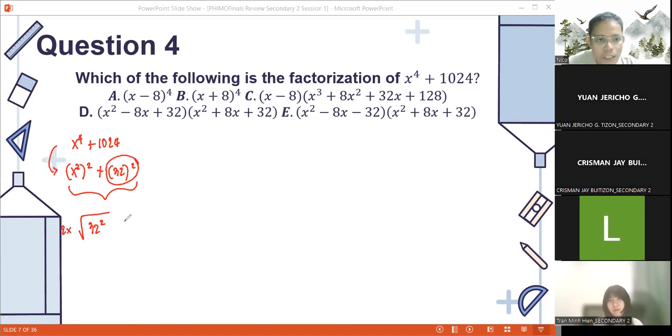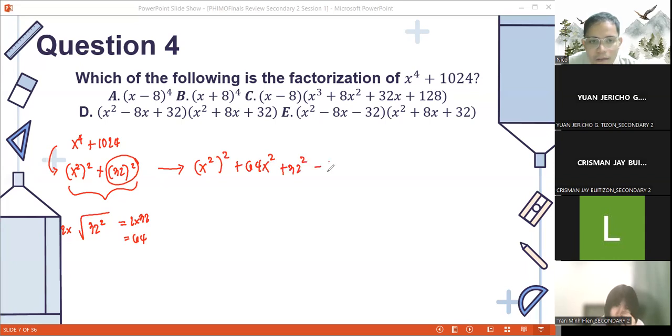So that is 32 times 2, that's 64. Then this is x squared here, so we have 64x squared. So meaning, we can have this one as x squared, squared, plus 64 x squared plus 32 squared, minus 64x squared.